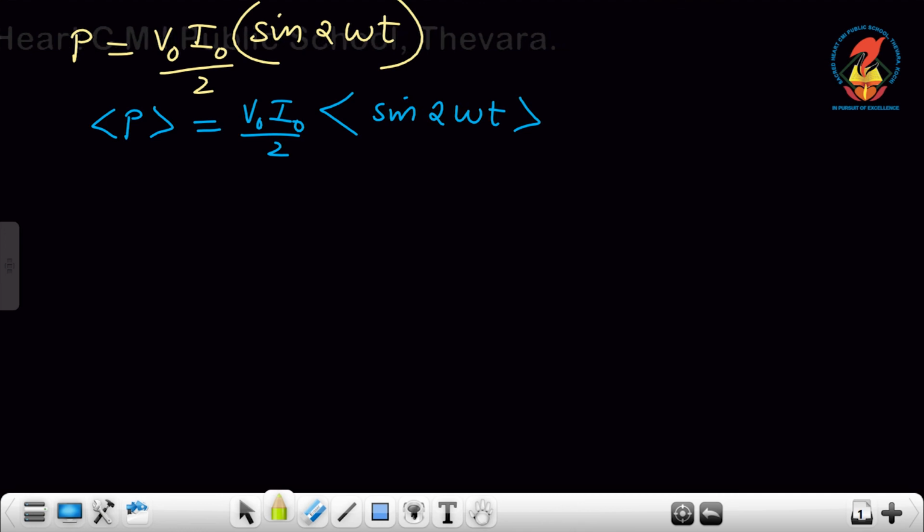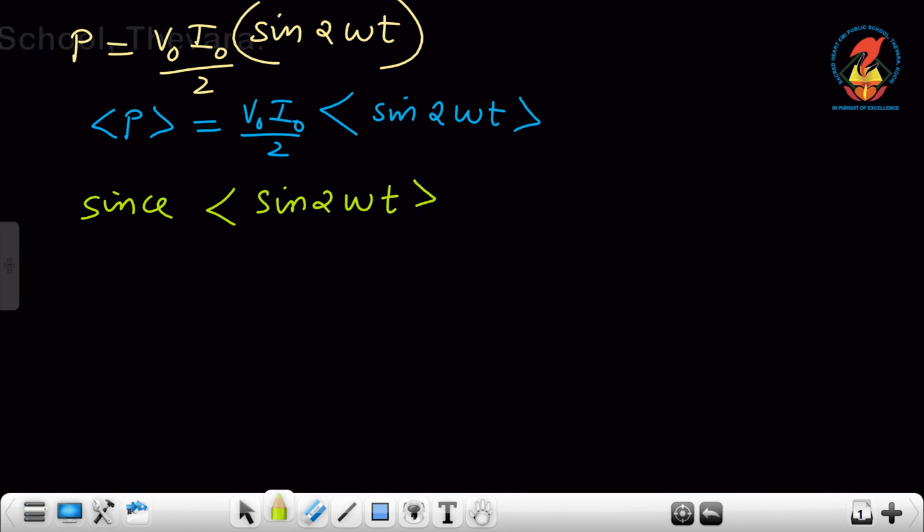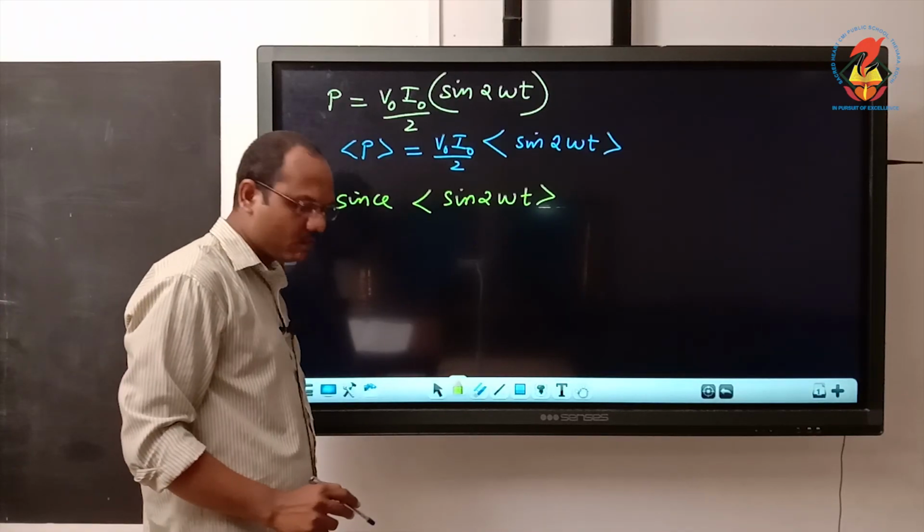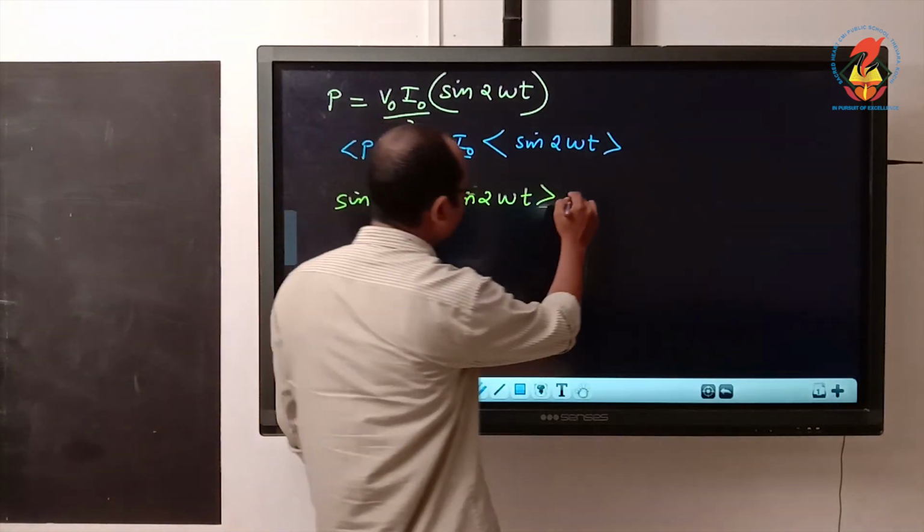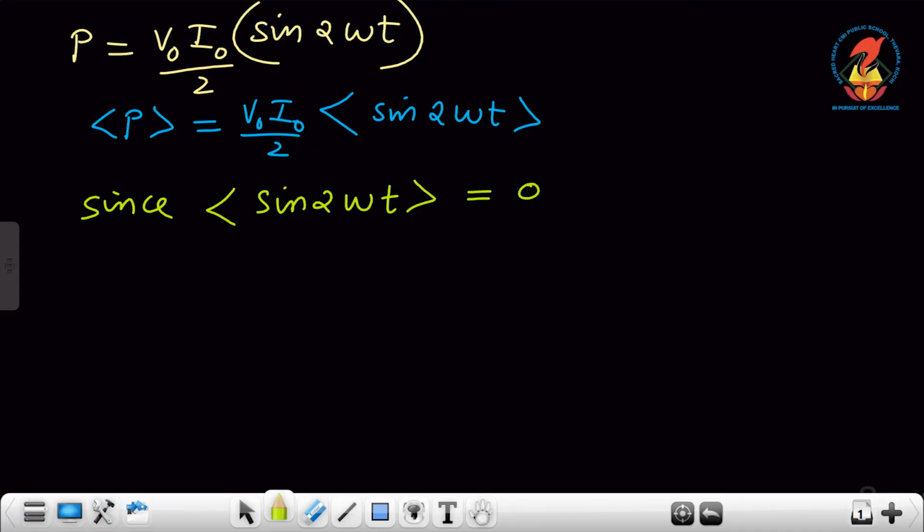Now, as I told you, since sine 2 omega t is time dependent, its average in one cycle is 0. So this value is 0. Therefore, average power is 0.